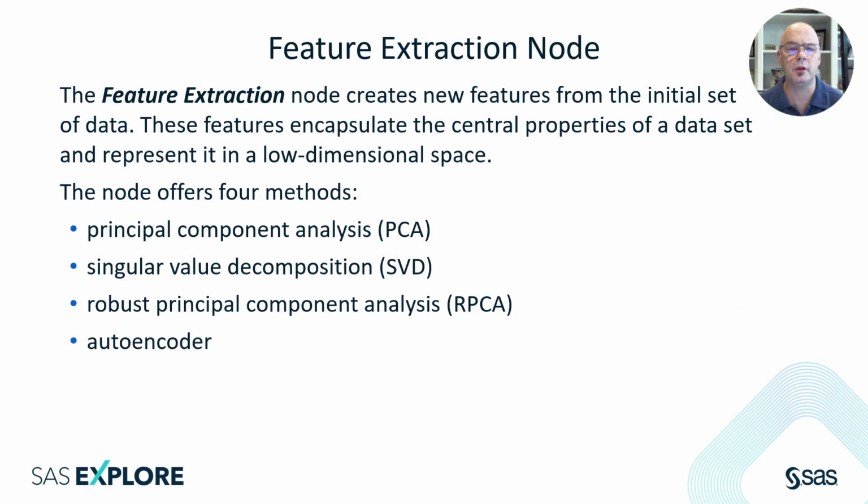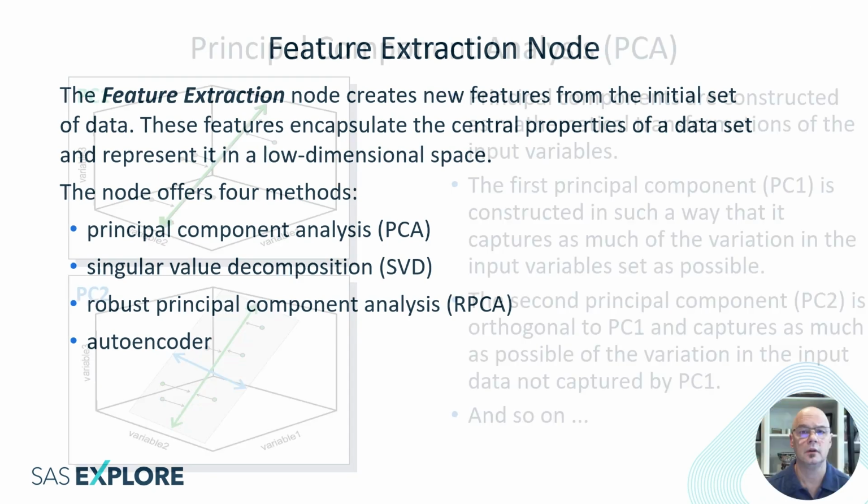So there is a pre-built node in Model Studio to do feature extraction, and the feature extraction node has a couple of different types of transformations that are available. Principal components analysis, probably the most common one on the list, singular value decomposition, robust principal components analysis, and autoencoders.